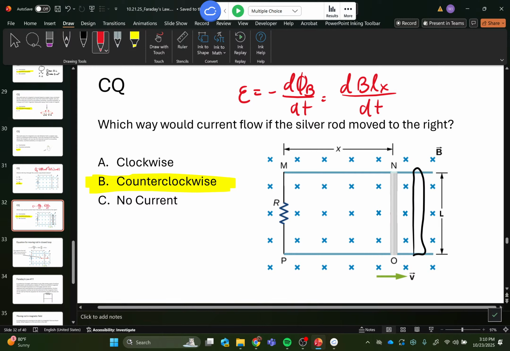We're going to assume a constant rate of change. So, does my B change? No. Does my L change? No. Does my X change? Yes. So, this is a very easy derivation. B times L times dx dt. What is dx dt?